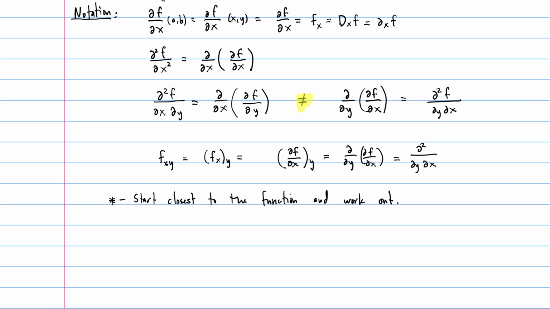Here we have x and then y, and on this side we still have x and then y, but notice that the order has changed because of the way these two notations work. So closest to the function, work your way out. So x has to be first over here, because it's closest to the function. And of course, I forgot to write the f up here. That's got to be there.